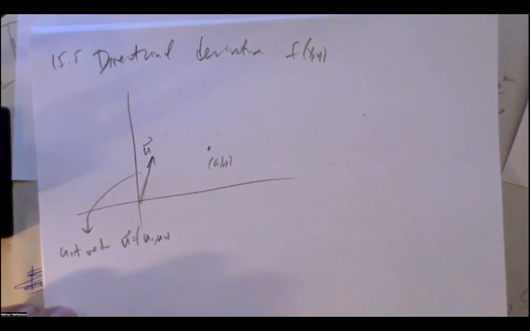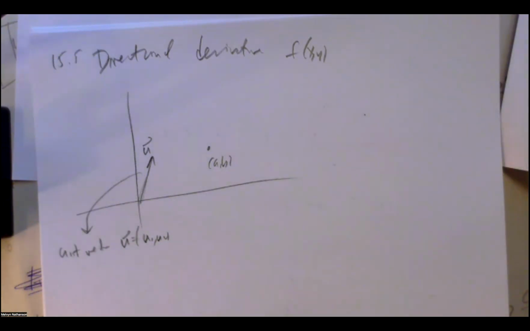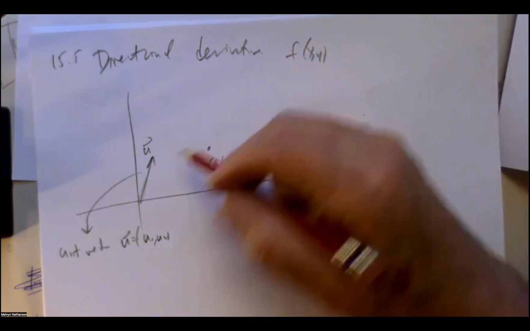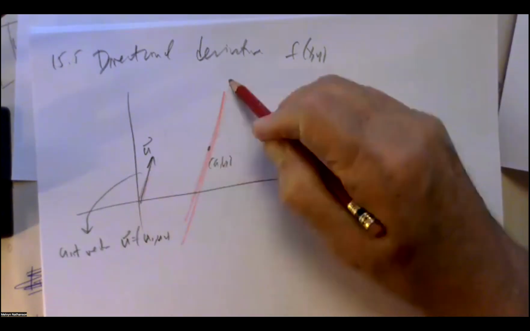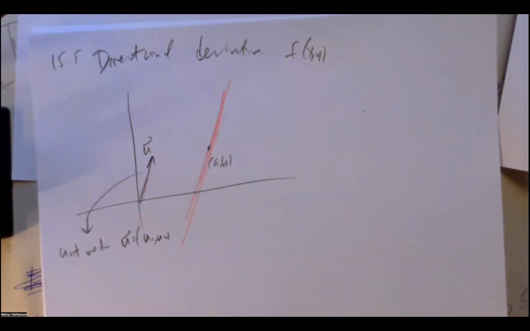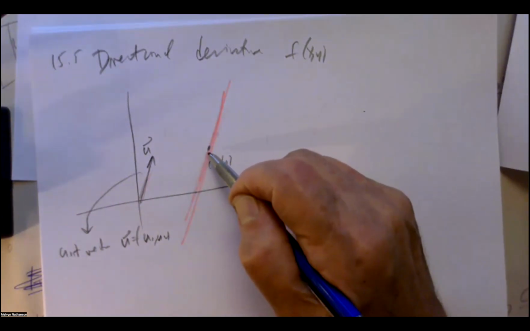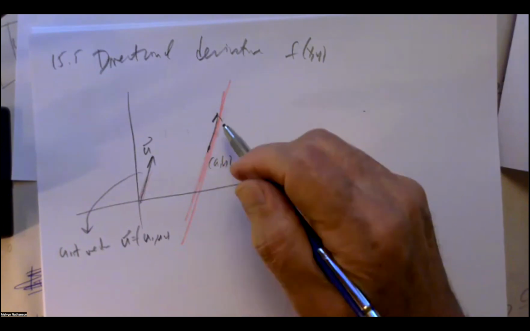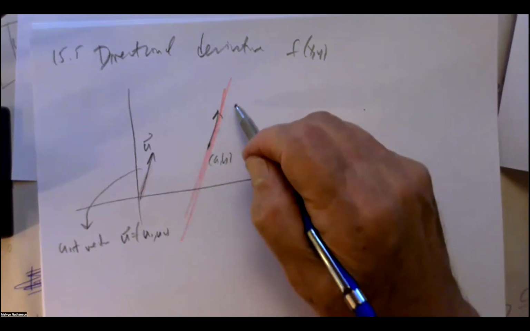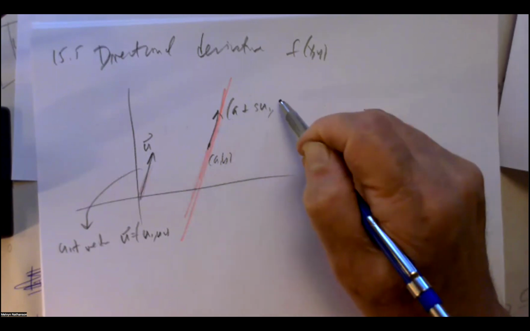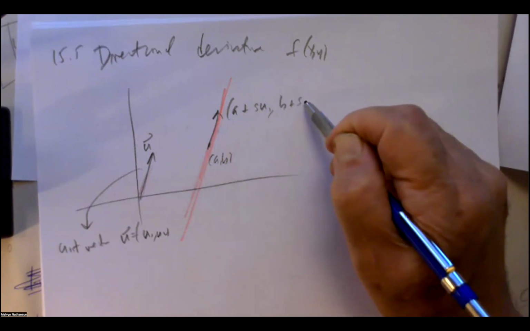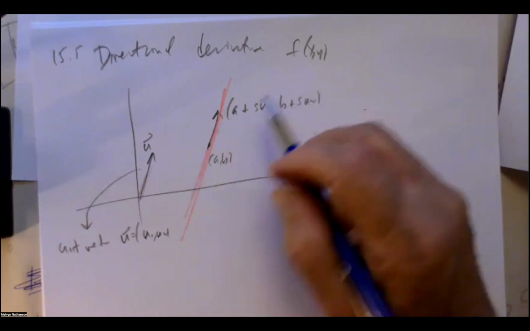So what is the equation of the line in the plane through the point (a, b) and parallel to u? So if you go a small amount in the direction of u, this would be a plus s times u1, b plus s times u2, right?